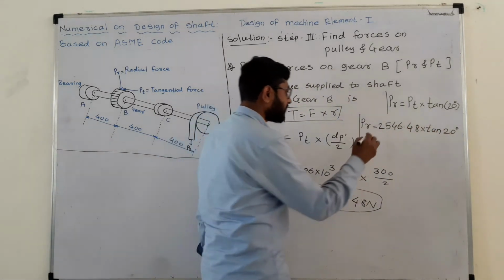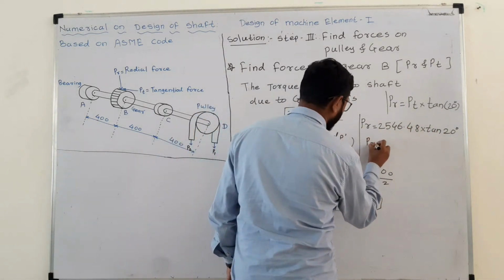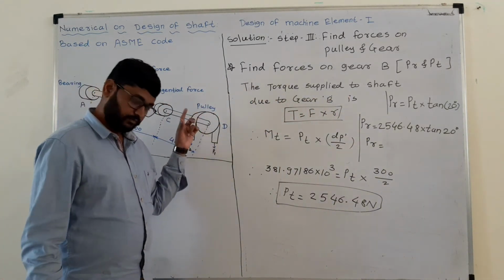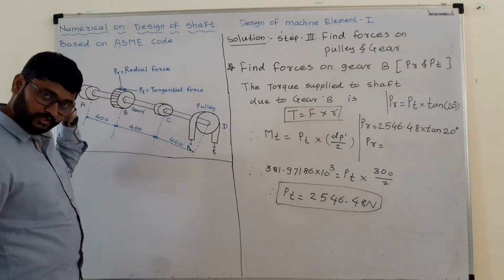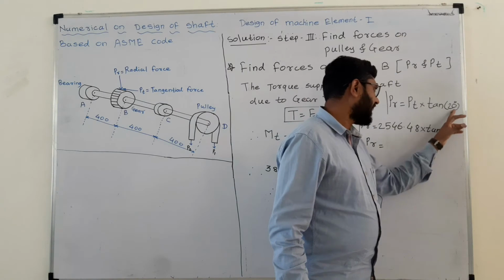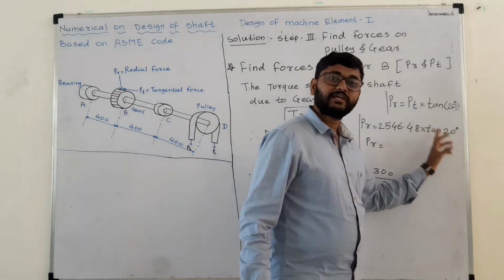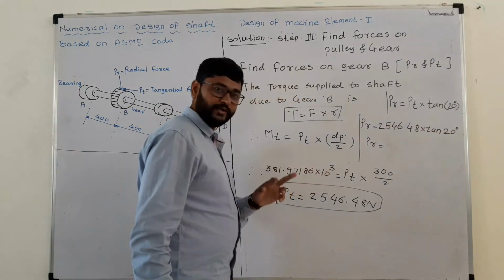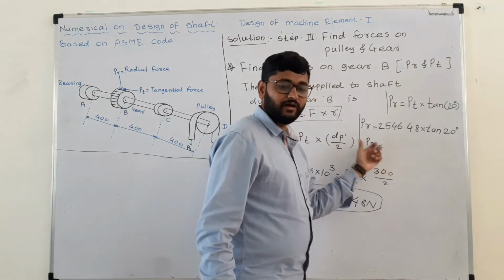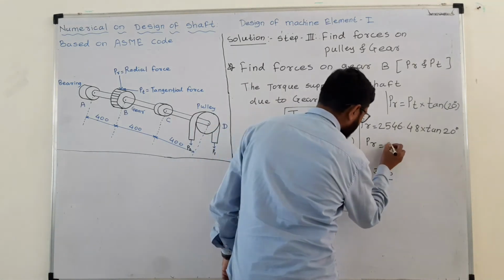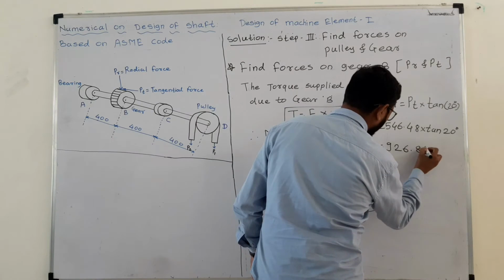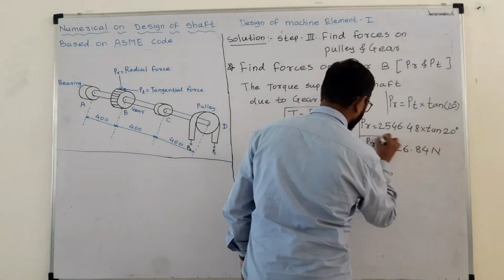Here a spur gear is given, and for a spur gear the pressure angle is given as 20 degree. That is, theta is given as 20 degree. So by calculation we will get the radial force PR as 926.84 Newton.